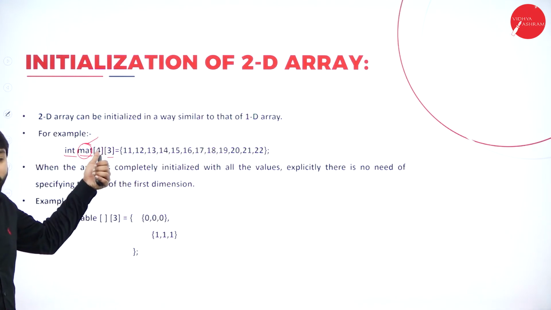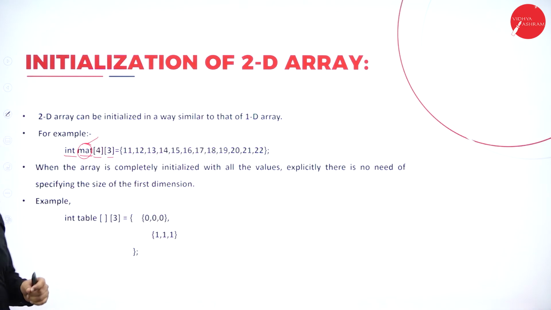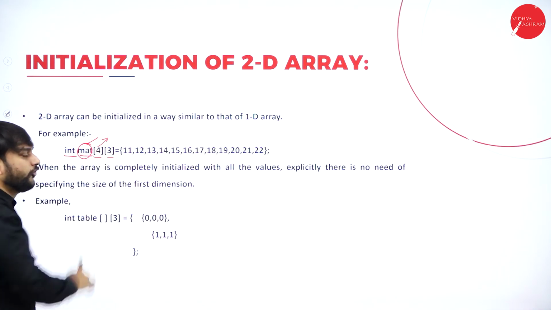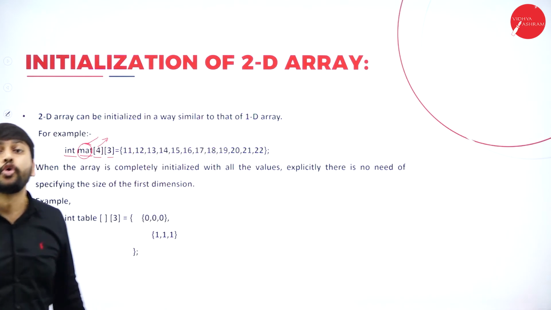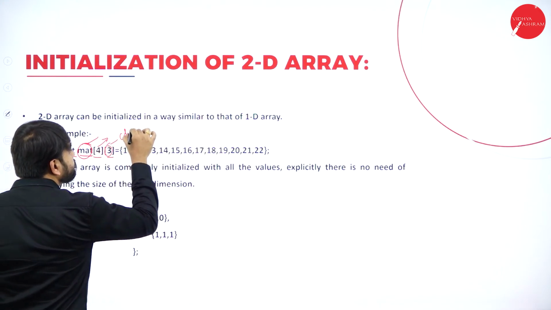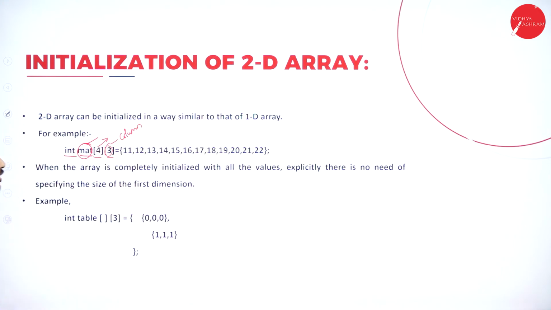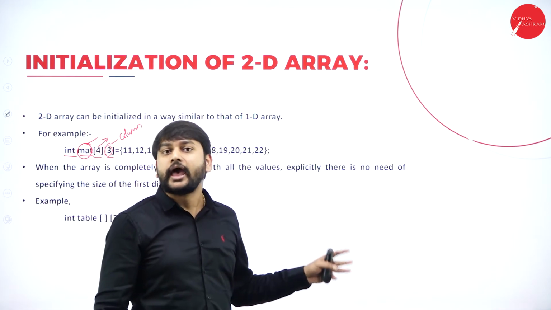What is this 4? 4 is the number of rows. What is this 3? 3 is the number of columns. That's what you need to understand. Whenever I store these values, automatically they will be stored in the form of rows and columns.